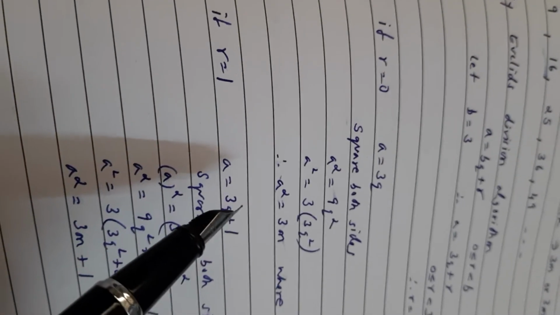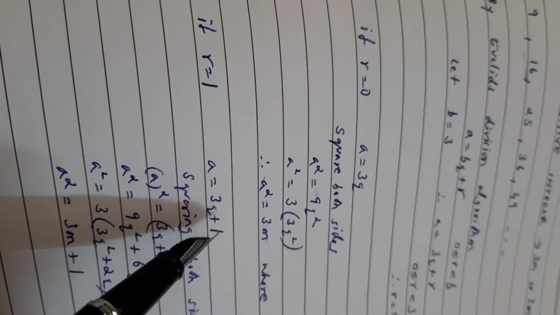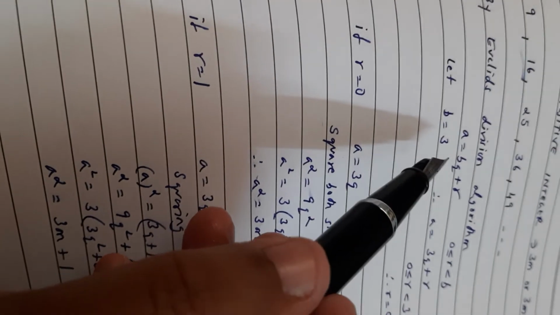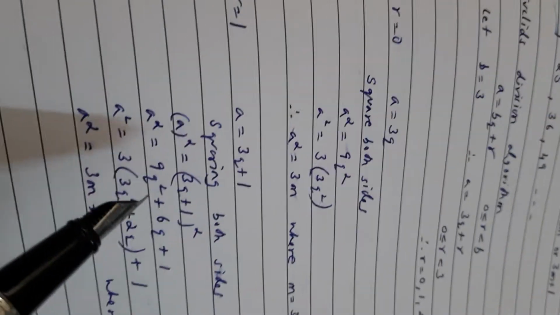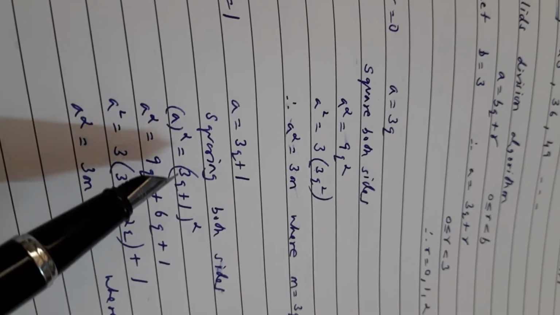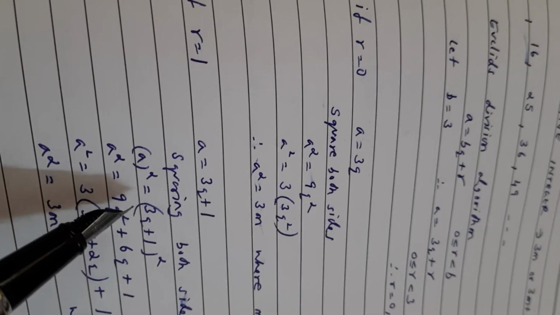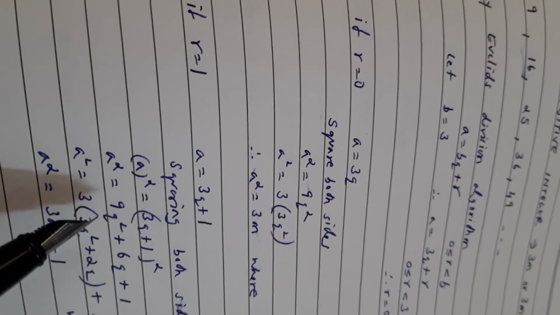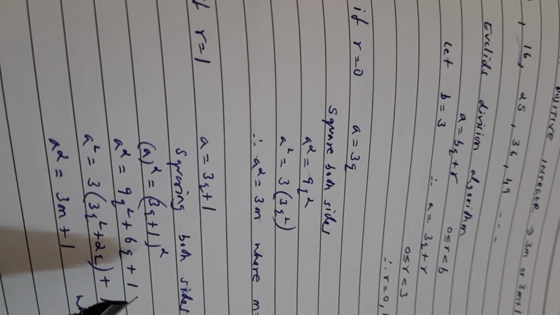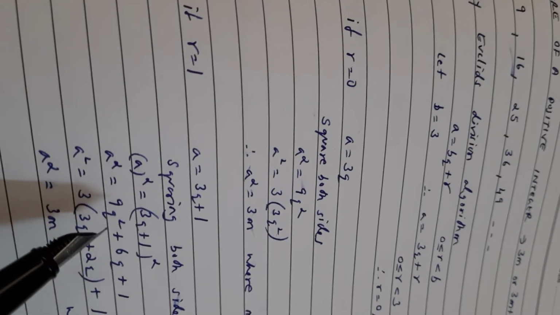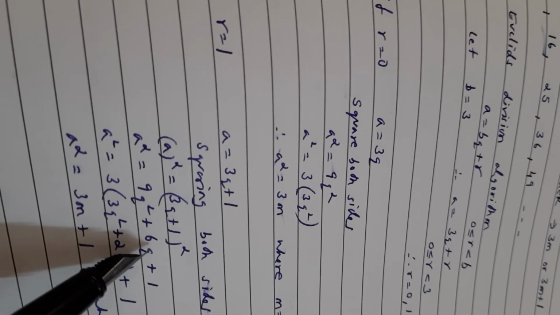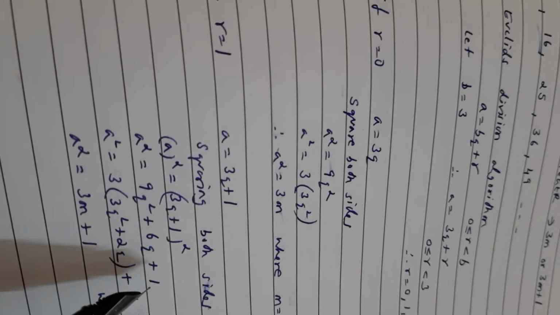Now we can repeat the procedure with r is 1. If r is 1, the value of a will now become 3q plus 1, because we are putting the value of b as 3 and r is 1. Again squaring both sides, a square is 3q plus 1 whole square. Now this is an identity which you have done in class 9: a plus b whole square is a square plus 2ab plus b square. So a square will become 9q square, 2ab will become 6q, and 1 square is 1.